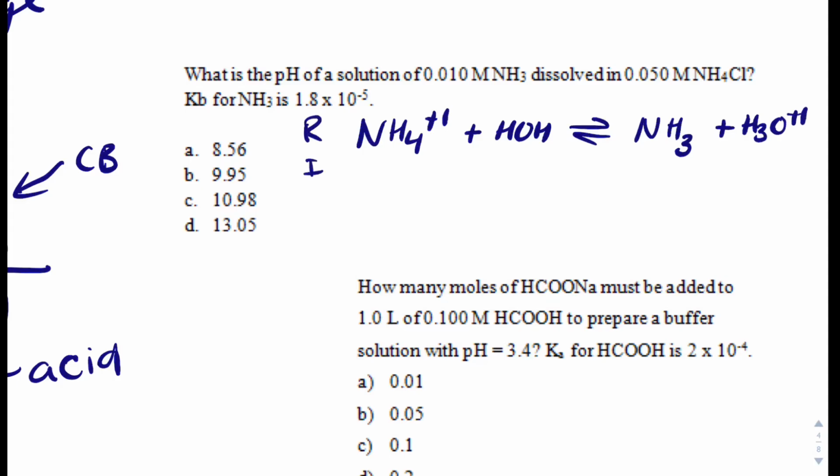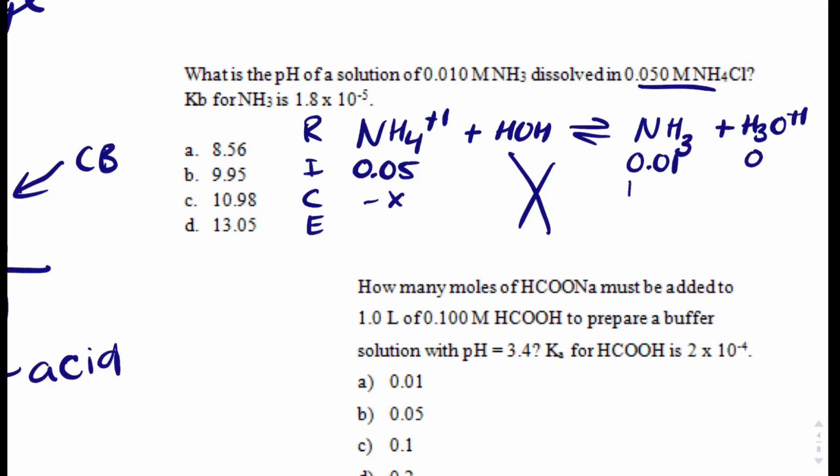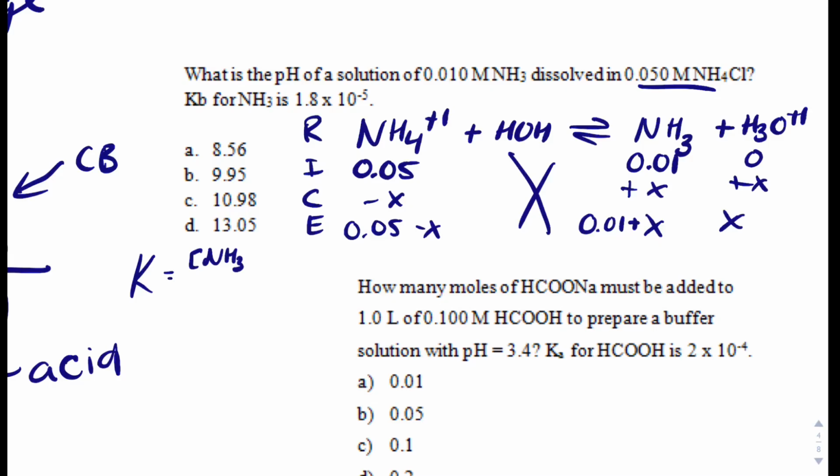Set up a rice table. And we could say 0.05, X, 0.01, 0, minus X, plus X, plus X, X, X, and this is 0.01 plus X, 0.05 minus X, and K is going to be equal to NH3.